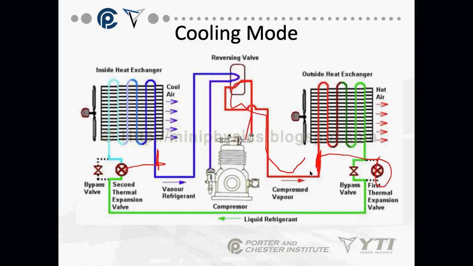When I'm in cooling mode, the suction line is what comes out of the indoor coil. Okay, so only one TXV bulb is really being used at a time. Yes, this bulb will heat up pretty hot in this mode, but this bulb is the one being used over on the left. Does that help?